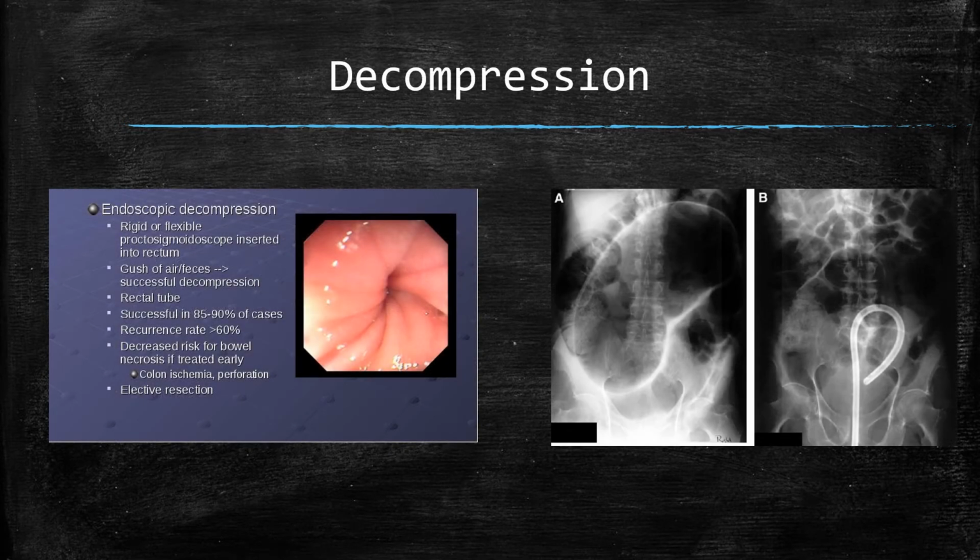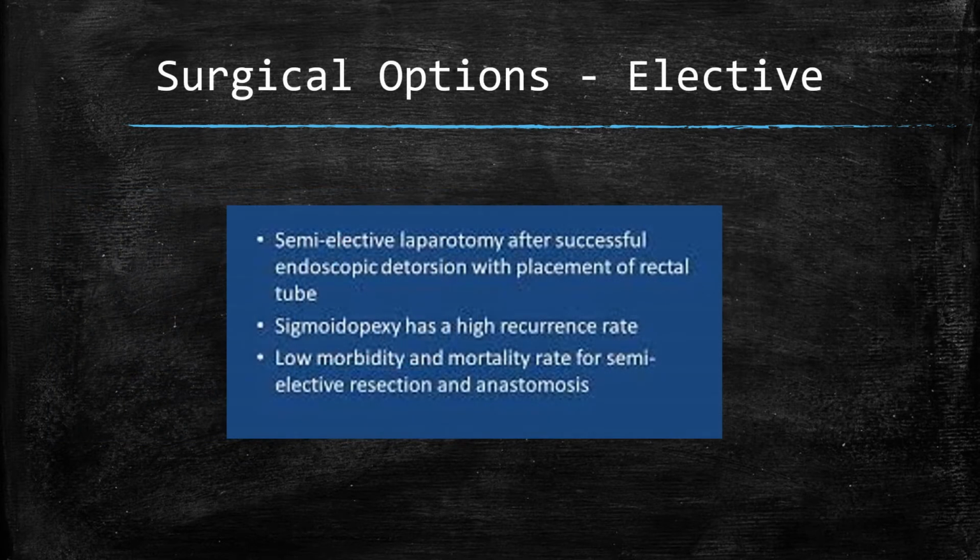This is a nice X-ray showing successful endoscopic decompression with a rectal tube nicely placed. So this slide just sums up what we're trying to accomplish. The purpose of endoscopic decompression is to convert an emergency case into sort of a semi-urgent or semi-elective situation.